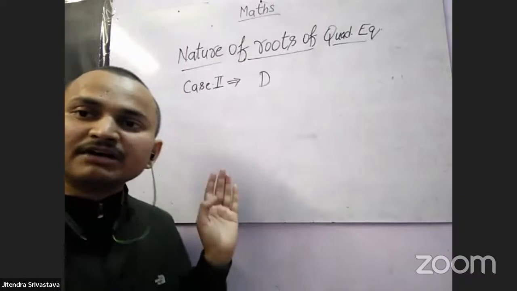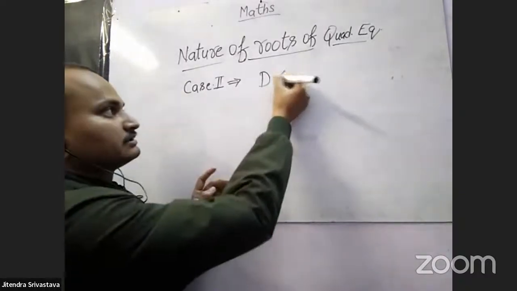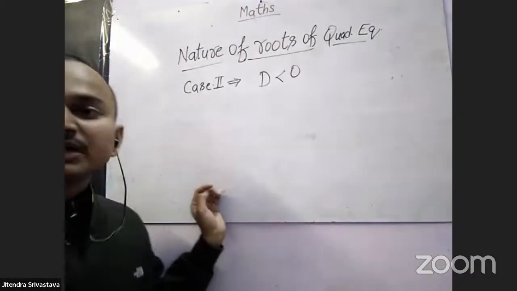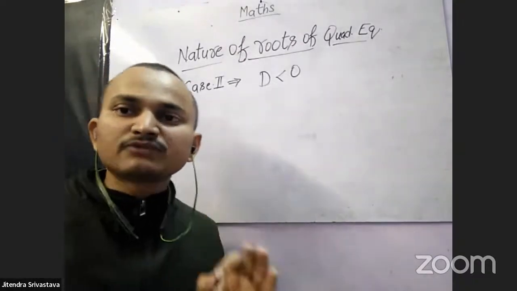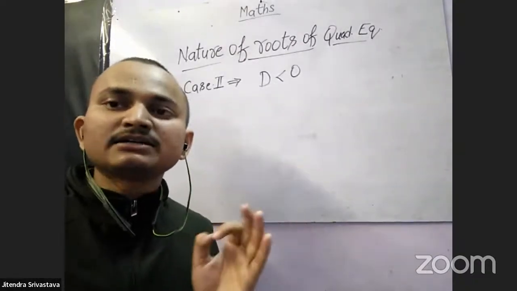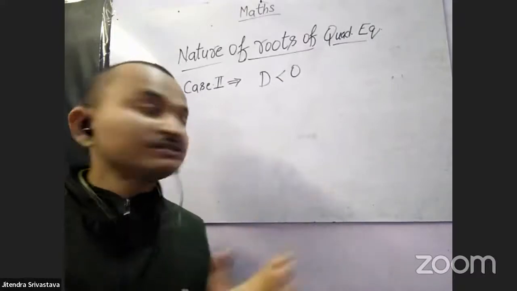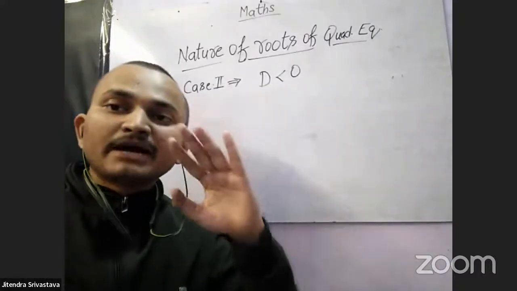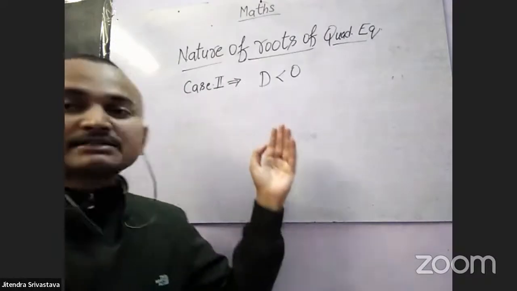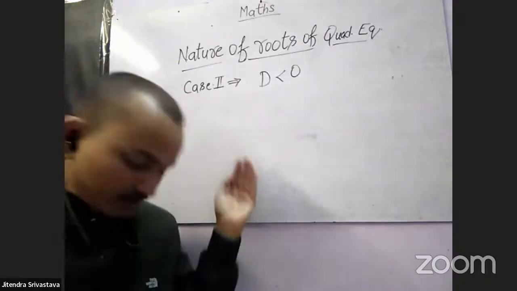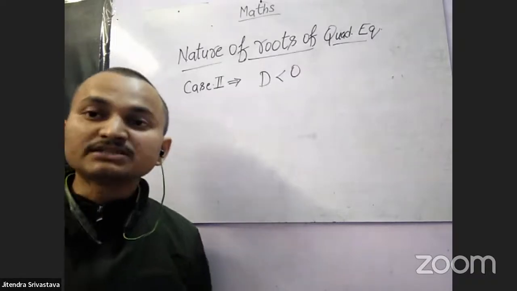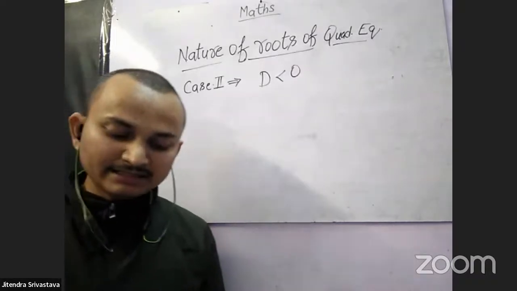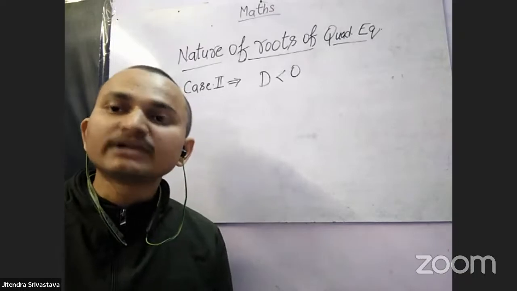If the value of d is less than 0, whenever we find the value of b square minus 4ac and it comes in a negative number, less than 0 will always be negative. So what we can say here is the roots will be imaginary. Imaginary means unreal. And we can say that the given equation has no real roots.